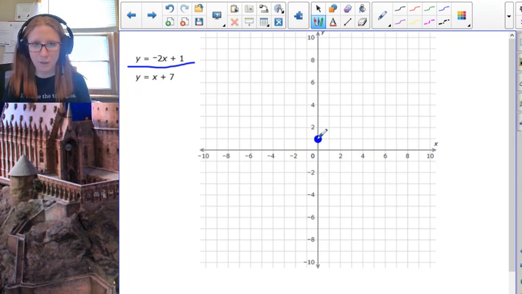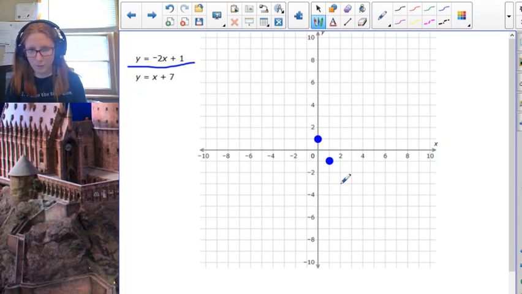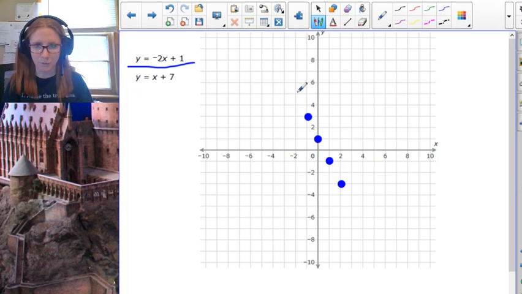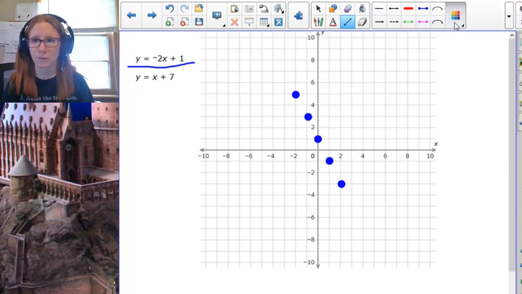So +1. And then from there, we're down 2 to the right 1, down 2 to the right 1. And then we go backwards and we go up 2 to the left 1, up 2 to the left 1. And we draw our line, and I'm not going to worry about trying to make the ends appropriate.